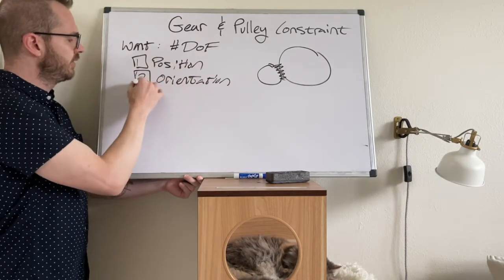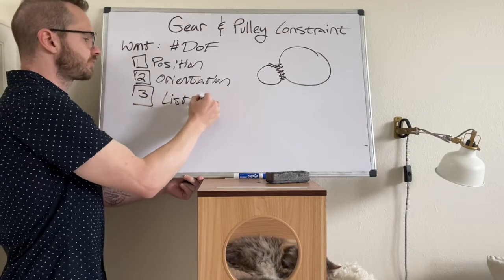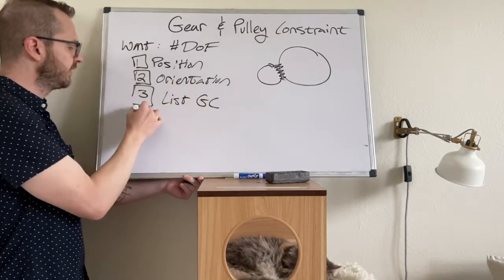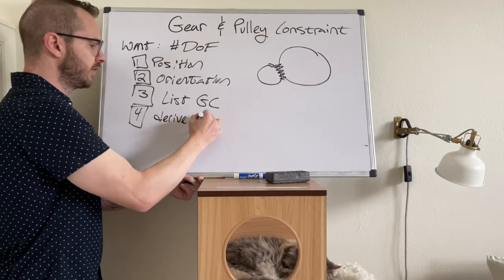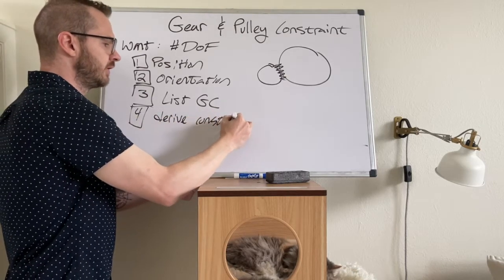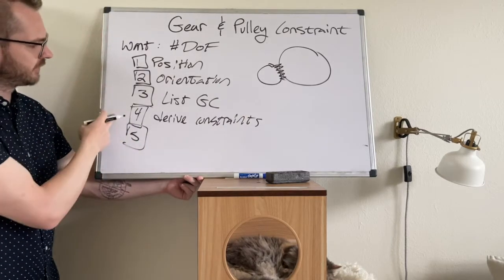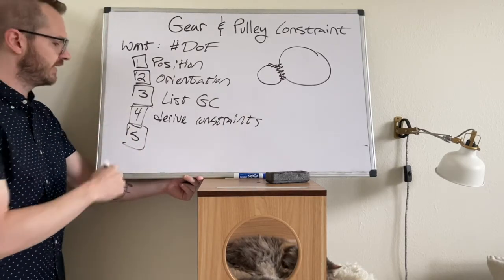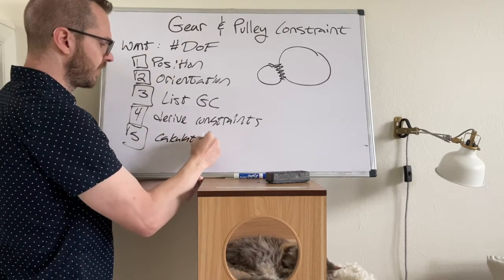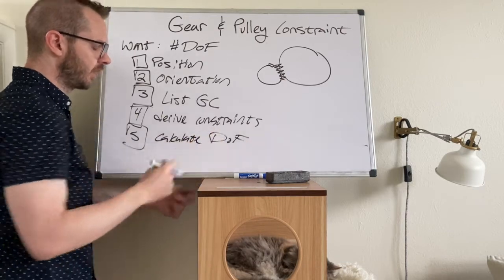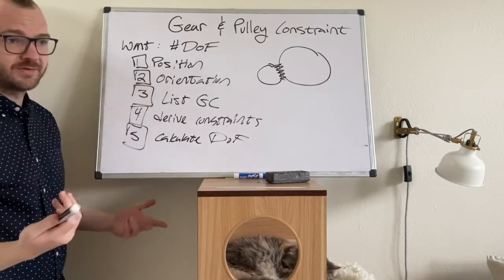From there, I'm going to ask that you list the generalized coordinates. After that, we're going to derive constraints. And of course, from there, if you have the number of generalized coordinates and the number of constraints, it's very simple to calculate the degrees of freedom. All right. So we want to do position and orientation first.